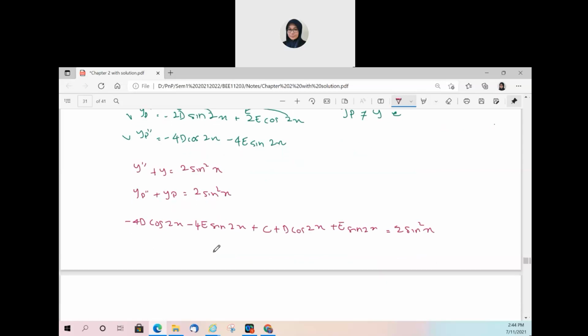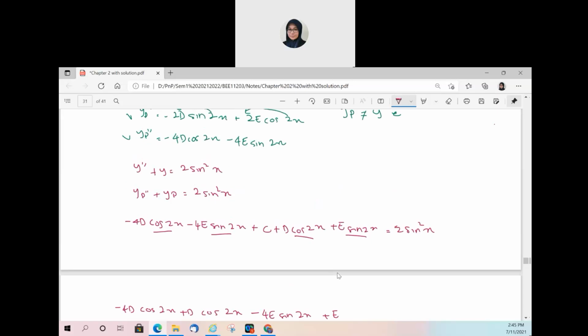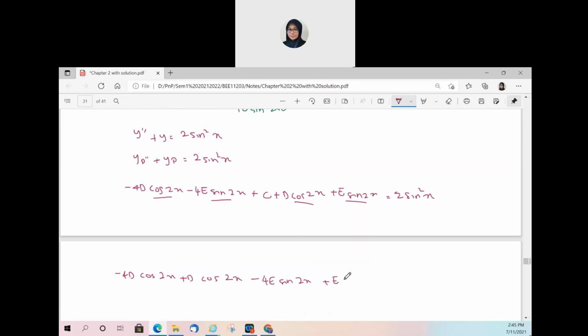Alright. So, dekat sini, cos. We group for cos and then we group another one for sine. So, now you have minus 4D cos 2x plus D cos 2x, and then minus 4E sine 2x plus E sine 2x plus C equals to 2 sine square x.